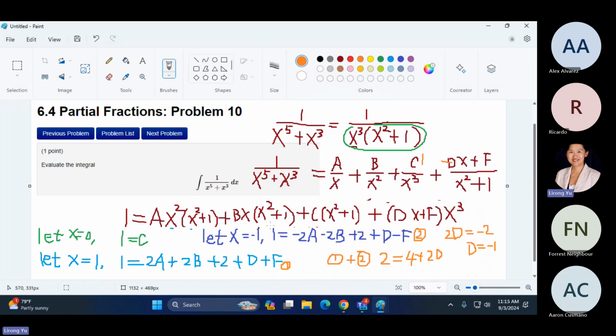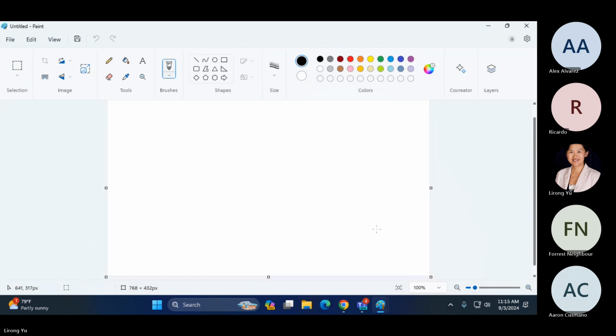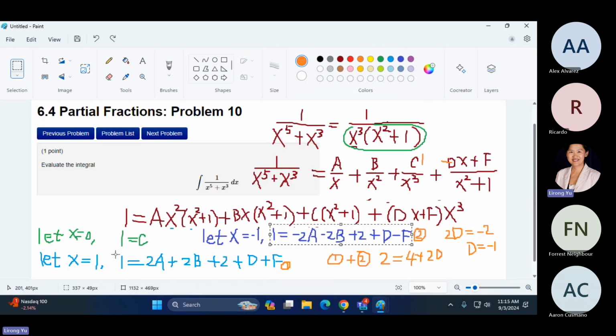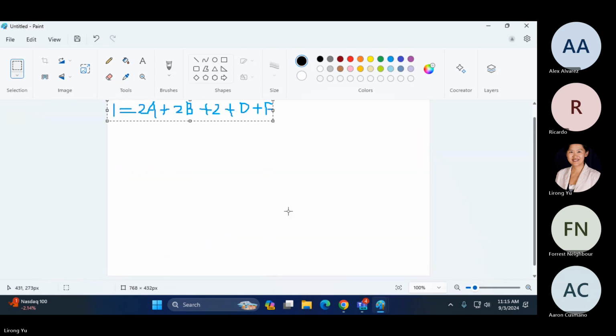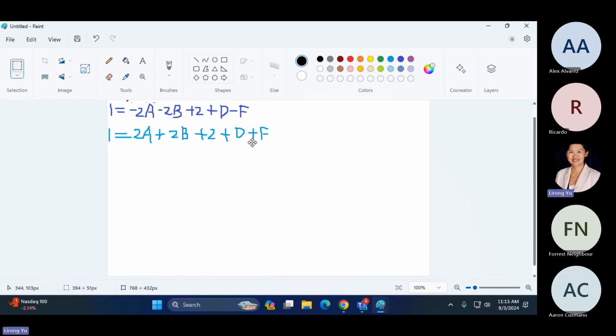The first equation will be this equation. We already have C and D, so let's solve A, B, and F. And we have 1 more equation, which is that one. It's still available. So that's the second equation.